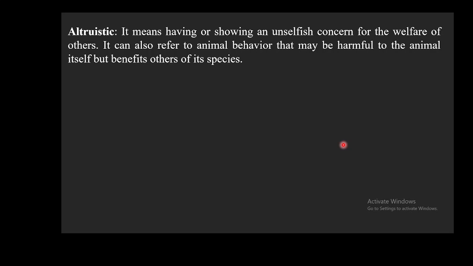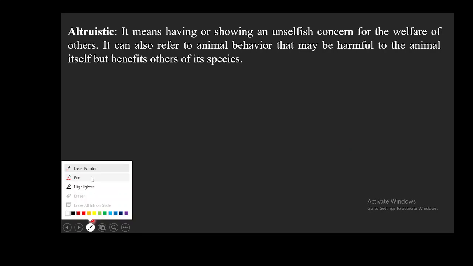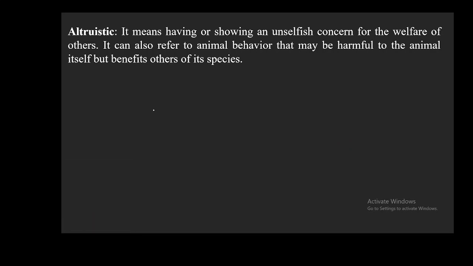In the case of altruistic behavior, what happens? Suppose this is a particular organism, and these are its close relatives. Then any trait which may be harmful to this individual is going to be beneficial for the others.